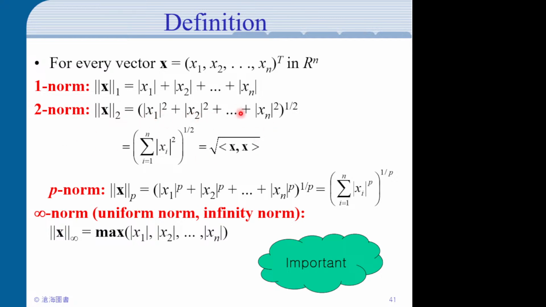These are actually special cases of what we call the p norm. You take the absolute value of every element, raise them to the p power, sum together, then take the p-th root.